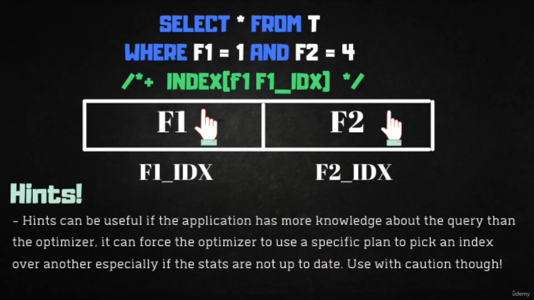And for those who want to go advanced, if you really know what you're doing, you can use database hinting. You can include in the query some sort of comment like the one you're seeing on this screen, to force the database. You're saying, hey, you database, you're dumb. You don't know anything. Please trust me. I want you to always use the index of F1 or the index of F2 because I have more knowledge than you do in certain situations.